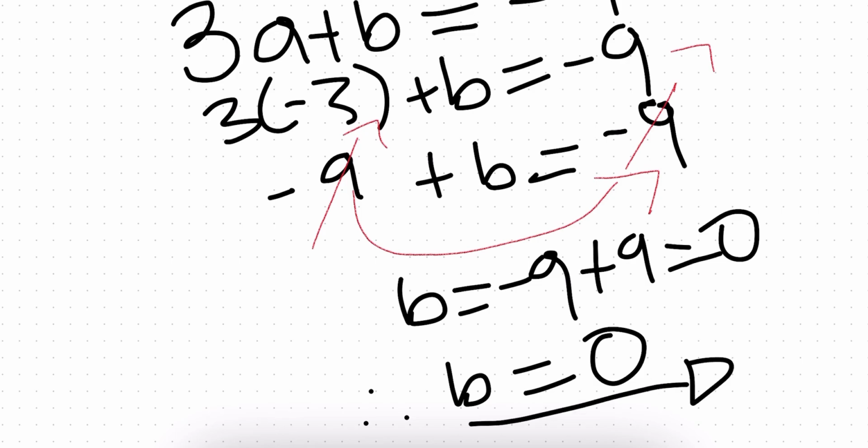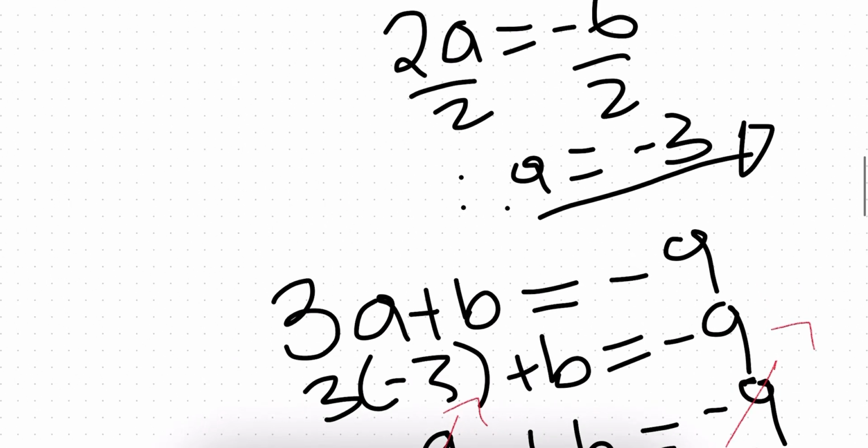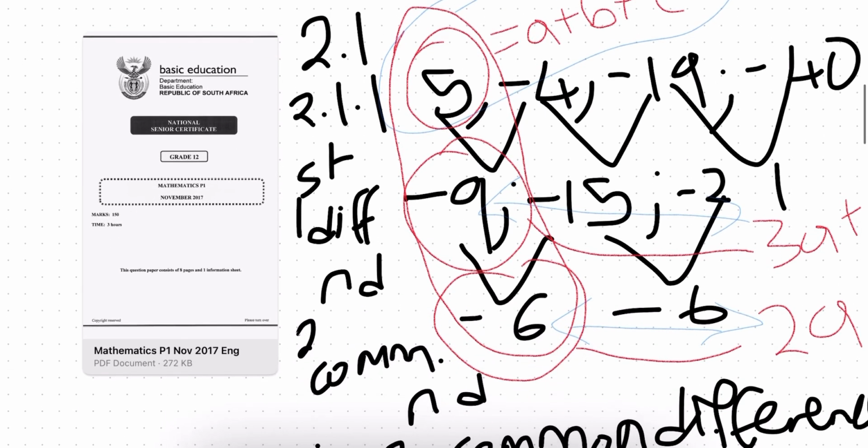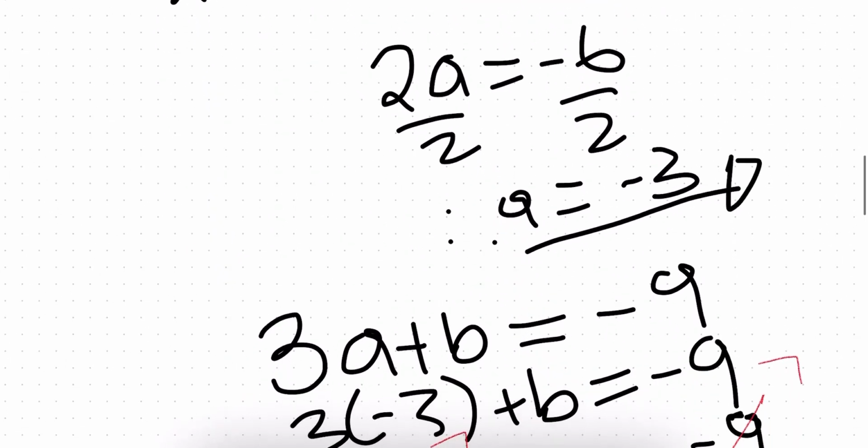Now the last thing that we need to determine is c. Which correlation should we use to determine c? This correlation, the first one. This correlation, a plus b plus c, is equal to the first term in the original sequence. A plus b plus c is equal to 5 in this instance.